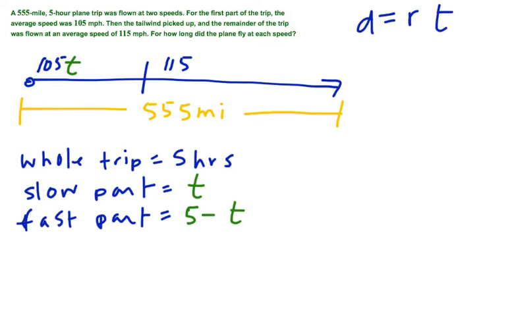And the fast part, I don't know that distance, but I do know the rate, which is 115, and I know the time, which is 5 minus t.